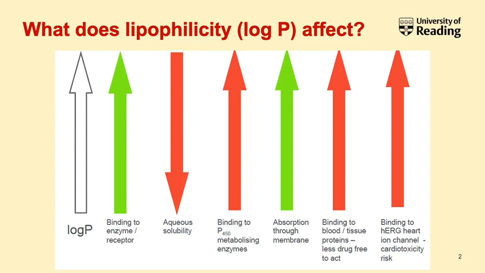Absorption through a membrane, which we're going to focus on in this lecture, will go up, and other concepts of binding will go up or down. So that means absorption through a membrane will become better if you increase log P, but the aqueous solubility will become poorer as you increase log P value.